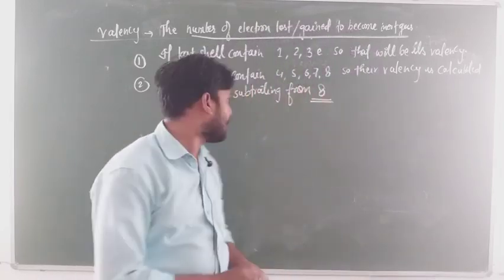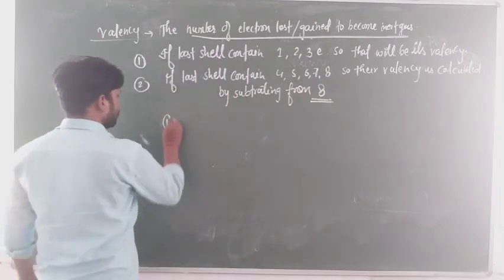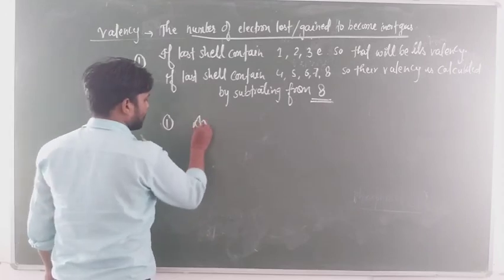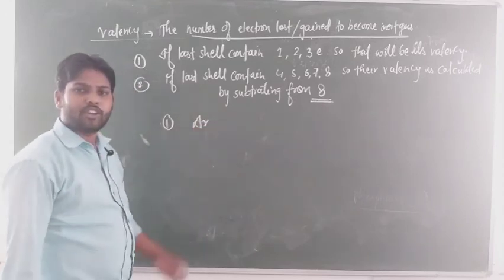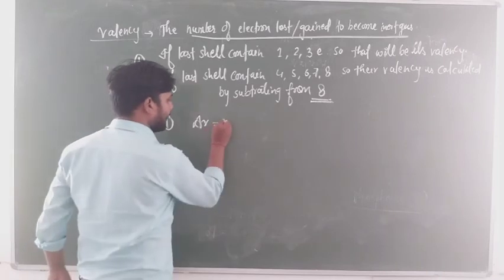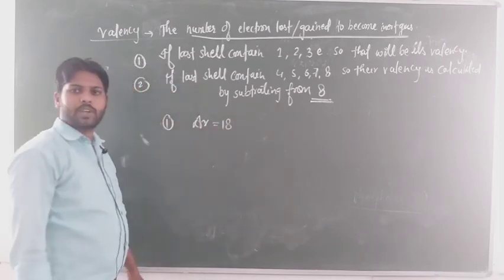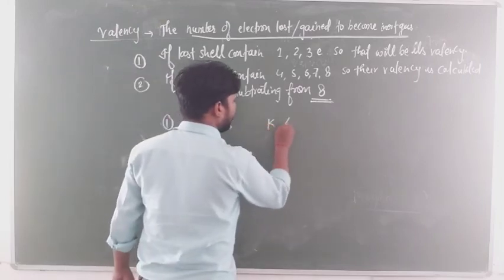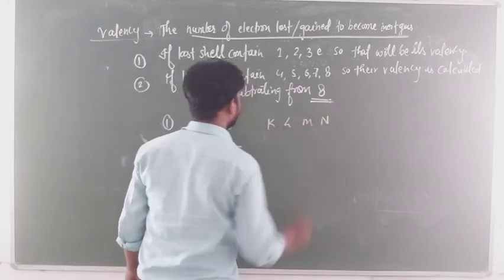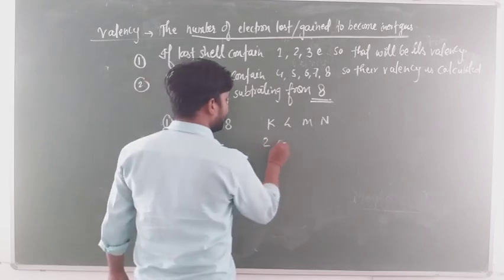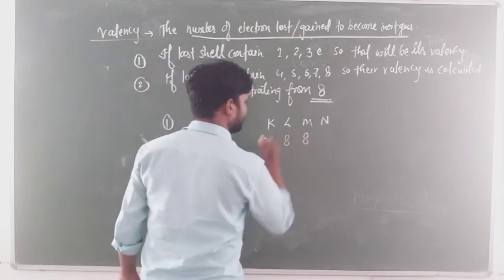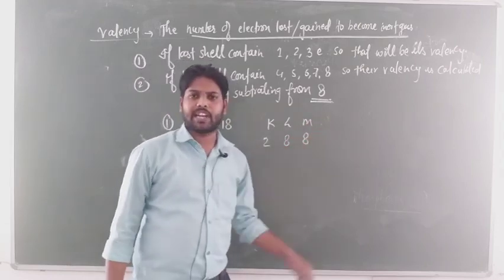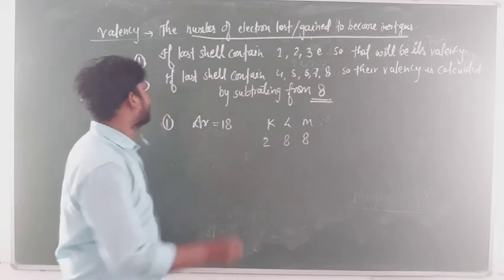For example, suppose argon is there. Atomic number of argon is 18. Now distribute its electrons in K, L, M, N shells. So 2, 8, 8. Clear? The last shell contains 8 electrons.